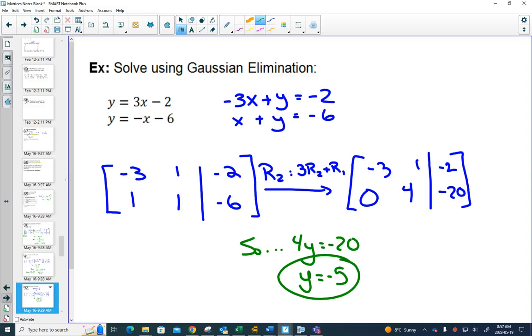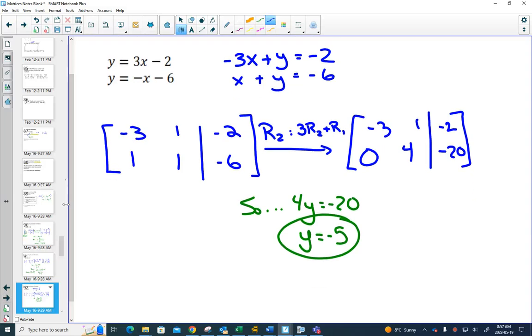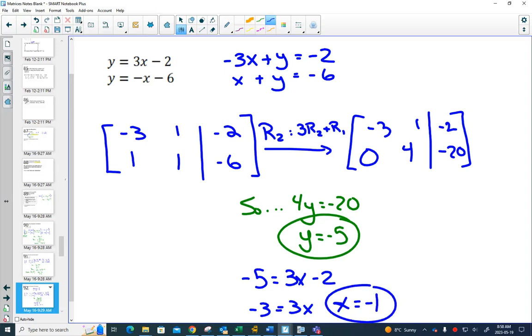It's going to help me realize what y is later. And now I can go to any equation. Negative 5 equals 3x minus 2. Negative 3 equals 2x. X equals negative 1. Circle that. And my solution.